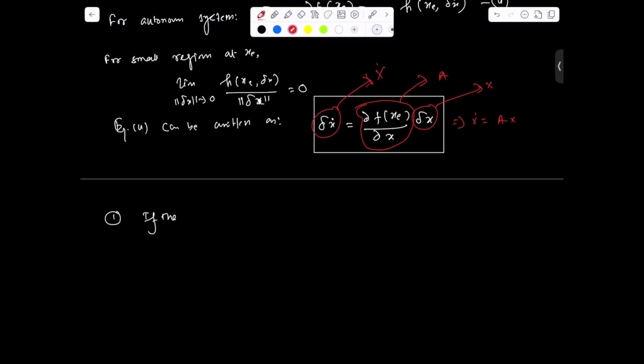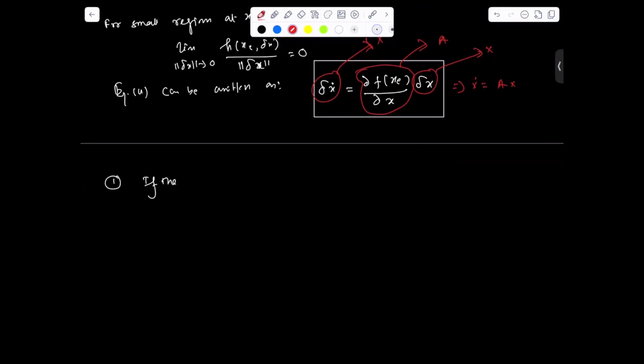Now, if the eigenvalues of A are with negative real parts, we can say the equilibrium point xc is asymptotically stable.